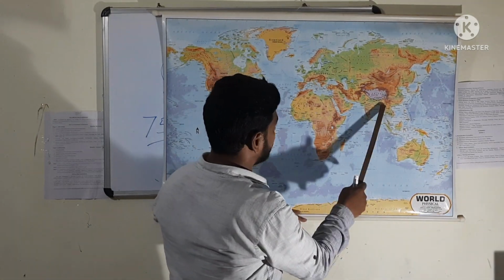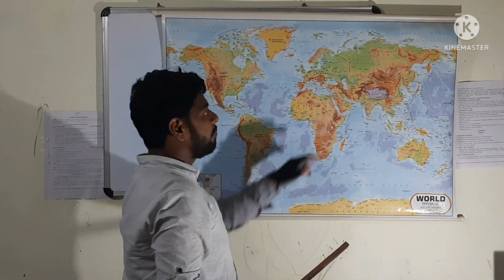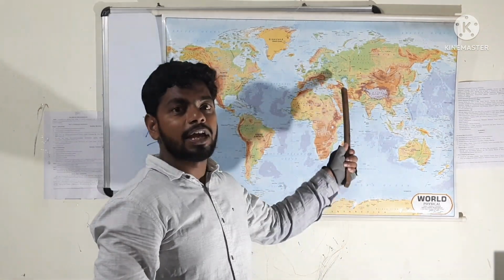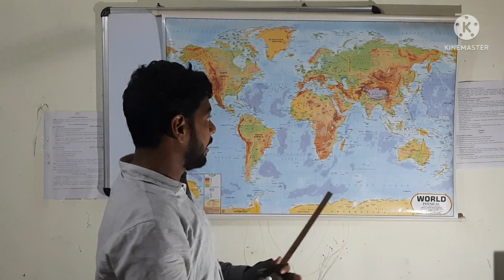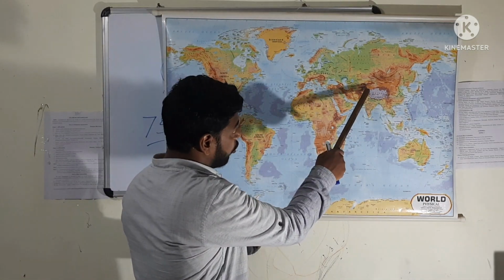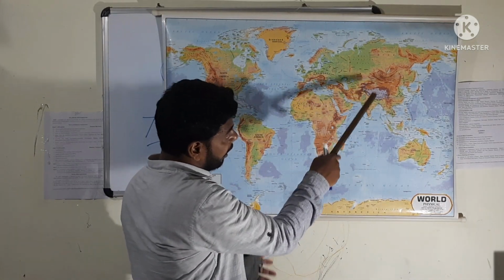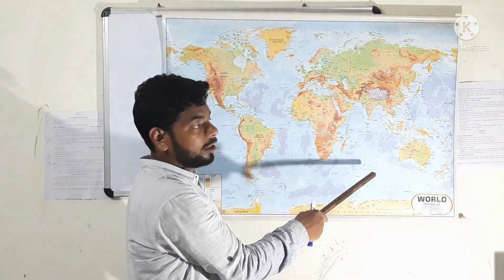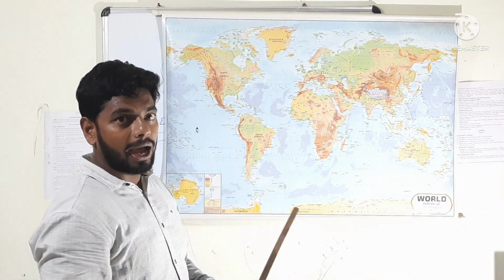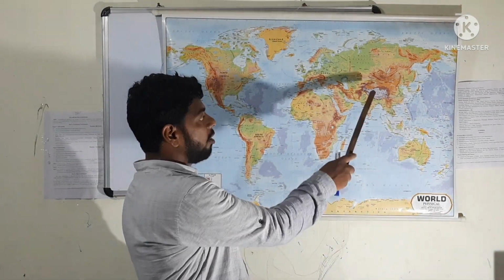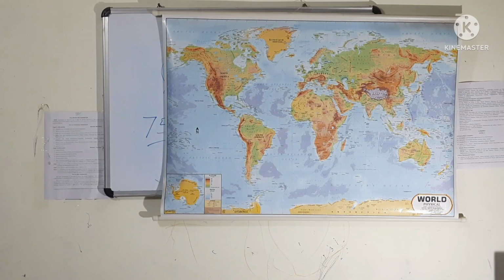And the Tropic of Cancer passes through the middle part of India through how many states? 8 states, and those states I already told, right? So clear. And India's mainland extends 3,214 kilometers from north to south latitude, right, guys? And India has a coastline of how much? 7,516.6 kilometers. Okay.